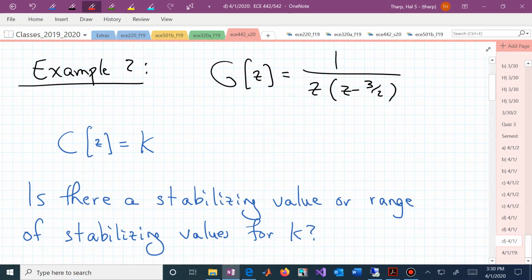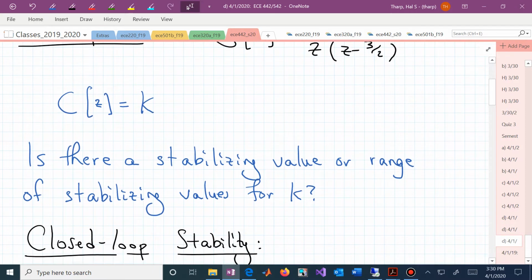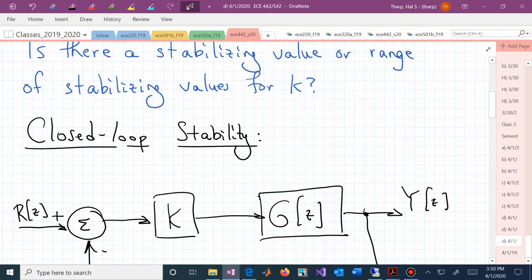That particular pole at 3/2 is outside the unit circle. The magnitude of that z is 1.5. We're starting with an unstable system. Can we stabilize the system for a value of K, or is there actually a range of K that would allow us to stabilize the system?